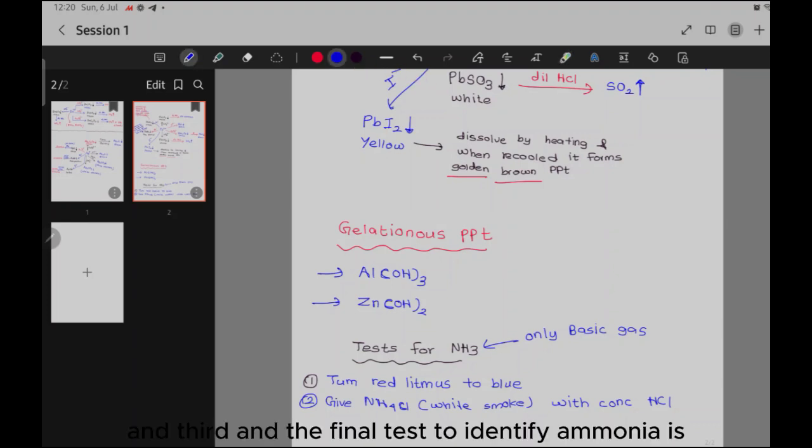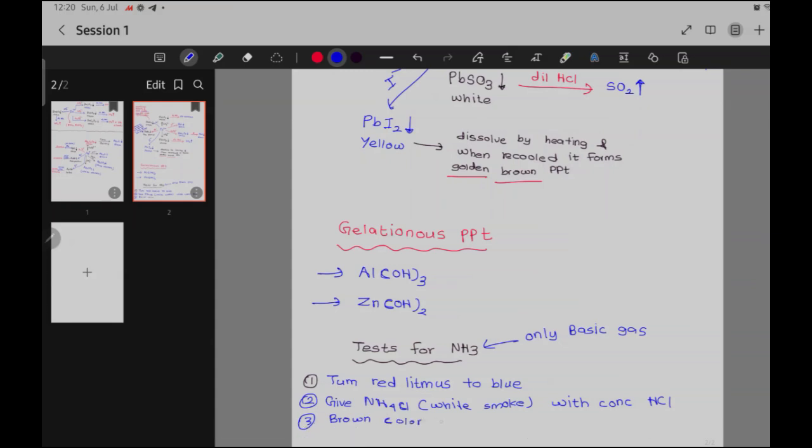And third, the final test to identify ammonia is the brown color with Nessler's reagent. Ammonia basically gives brown color with Nessler's reagent. Who is this Nessler and what is he doing? Those are unnecessary.